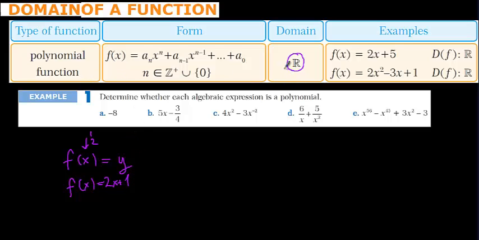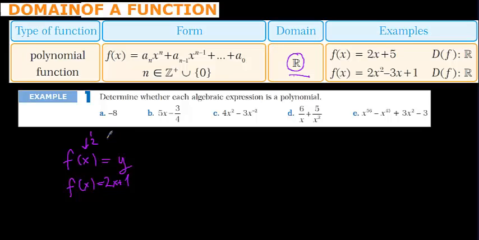But for a polynomial function, we don't have any problem. The domain is R. It means that you can choose any value for the variable x. You can choose 1, 2, -1, 3, any value for the domain, √2, -√7.